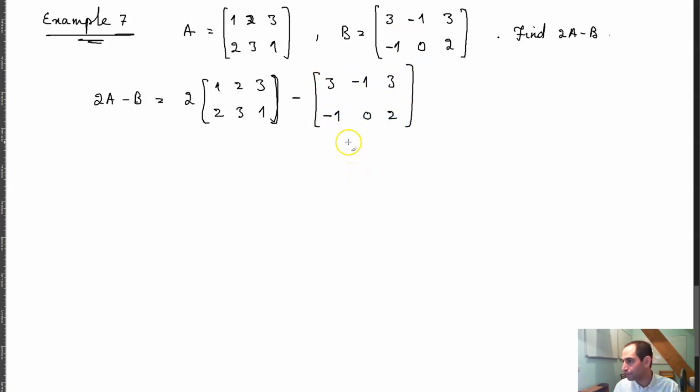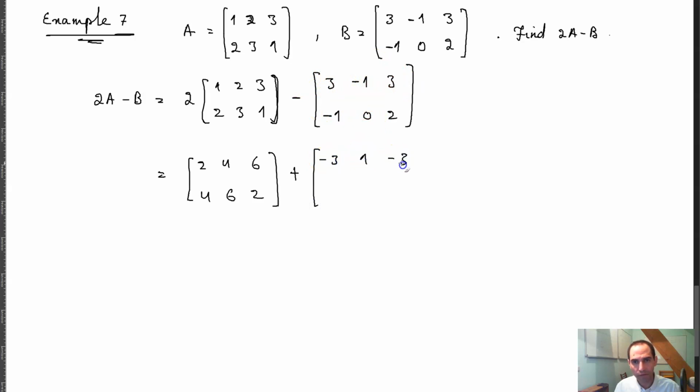You multiply this and you will get 2, 4, 6, 4, 6, 2, and add this to the negative of B, so you have to take the algebraic opposite of all of the elements: negative 3, positive 1, negative 3, 1, 0, negative 2.